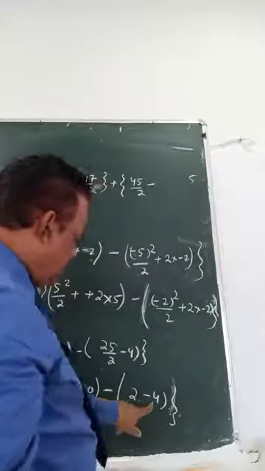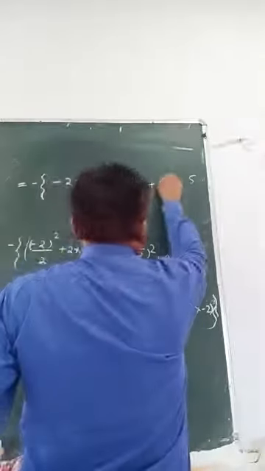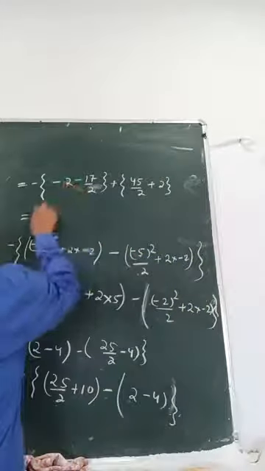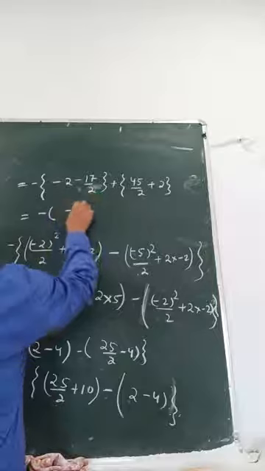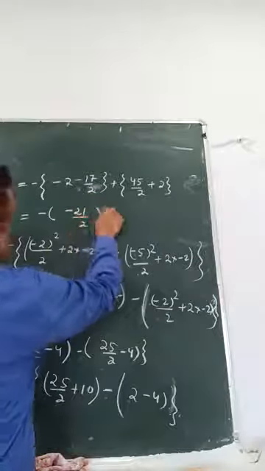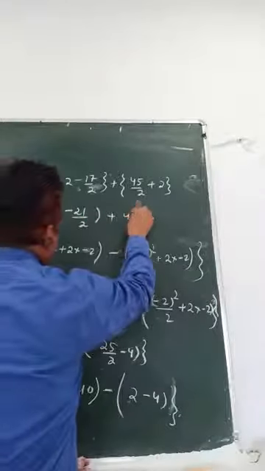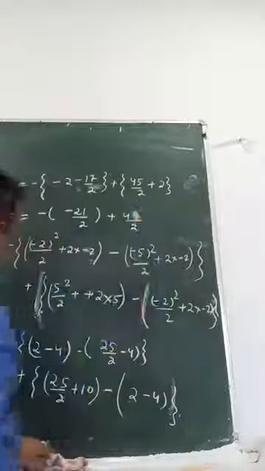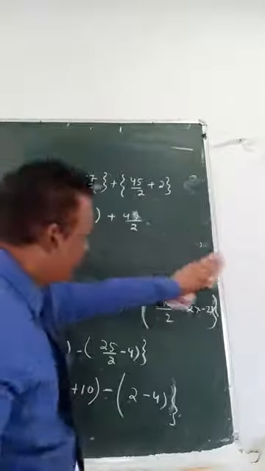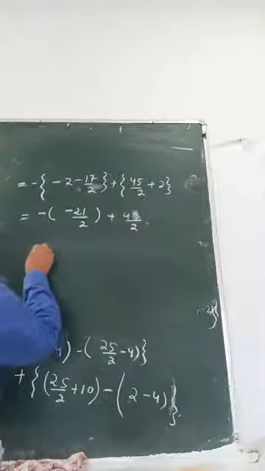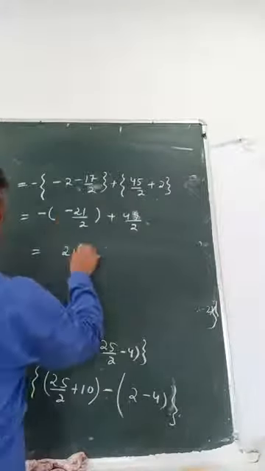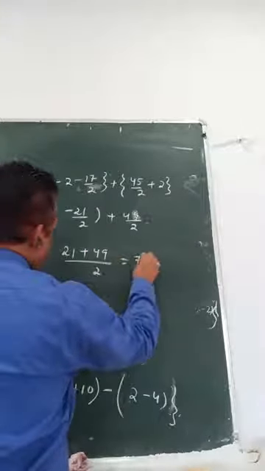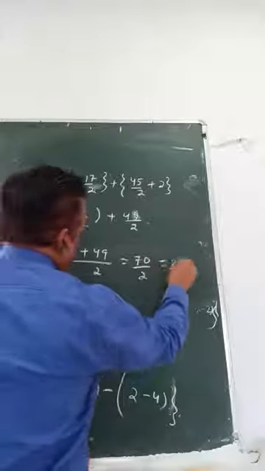Minus, minus 2, so minus will be plus. So this is how much? Minus 21 by 2 plus 45 plus 4 is 49 by 2. So if you simplify, you will get 21 plus 49 by 2, 70 by 2, that is 34.